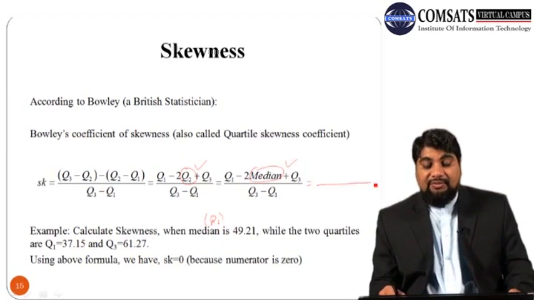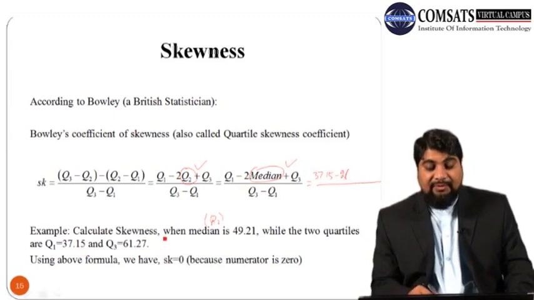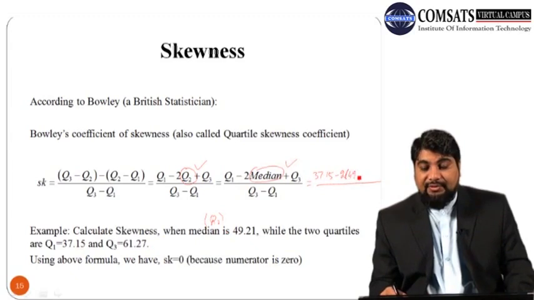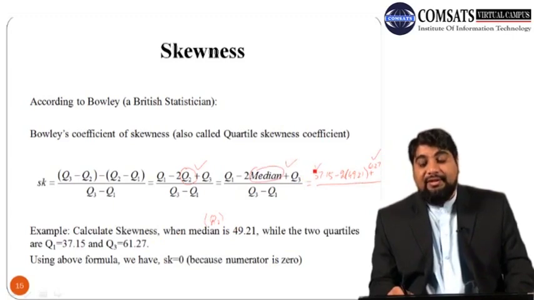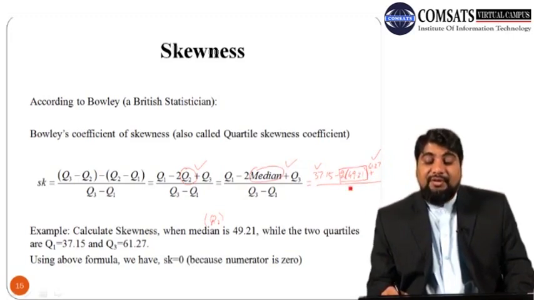If you replace these values here, Q1 is 37.15 minus 2 times median, which is 49.21, plus Q3, which is 61.27. Note that this 61 and 37, if we add up, is the same as 2 times 49.21, and the denominator is 61.27 minus 37.15.